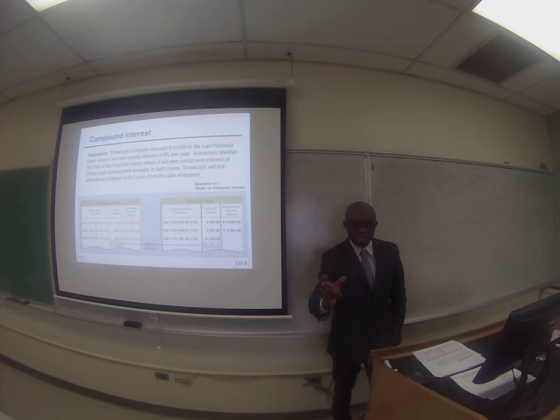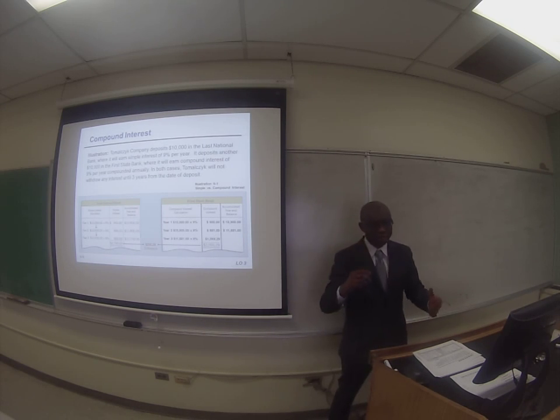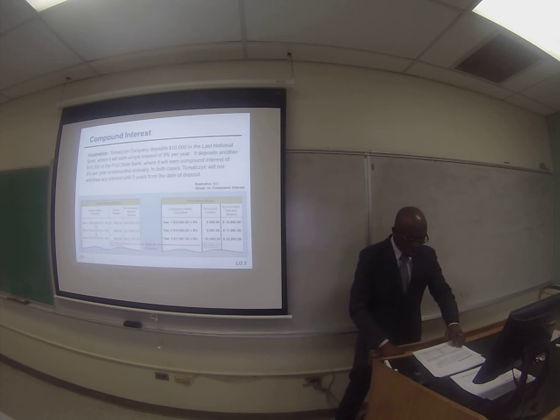Then we do the same thing in the third year. So as you can see, our total interest earned compounded annually is now $2,950.29 versus $2,700. So obviously we are better off with interest being compounded annually for 3 years as opposed to simple interest.